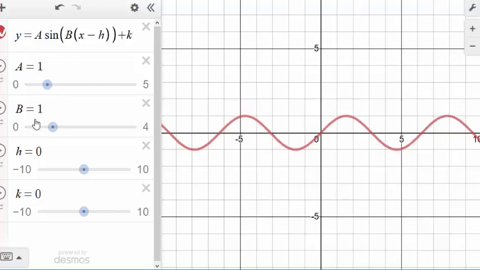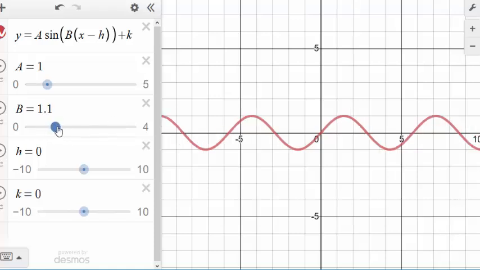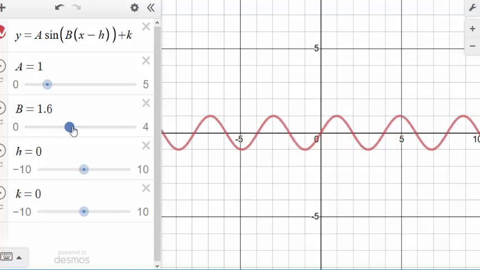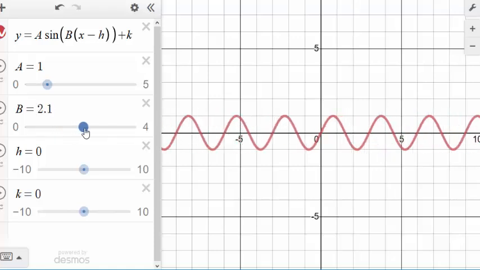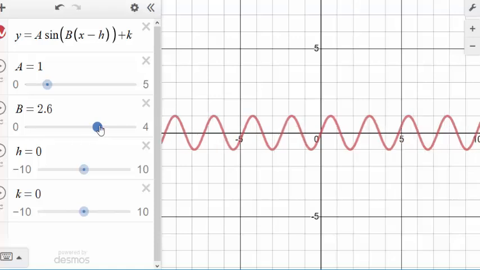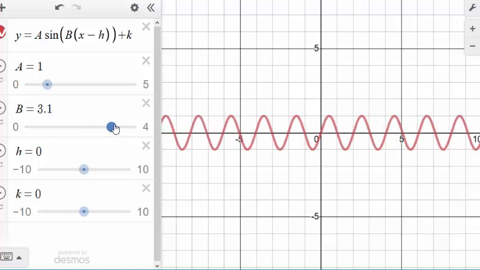And then the B, which was the horizontal stretch and horizontal compression, now it's going to be clear what the difference is between the horizontal and the vertical stretch and compression. As I make B greater than 1, what happens? This thing is being compressed. It looks like a spring that's being compressed. I'm compressing a spring horizontally, pushing it together.